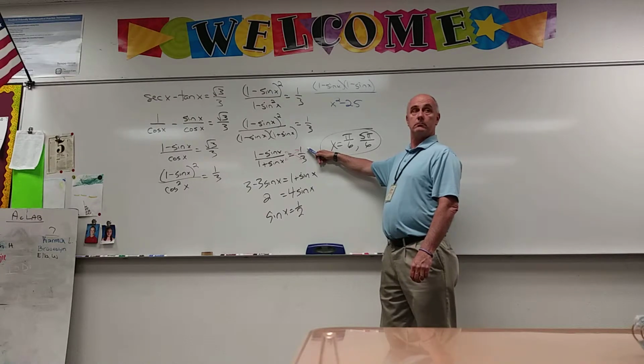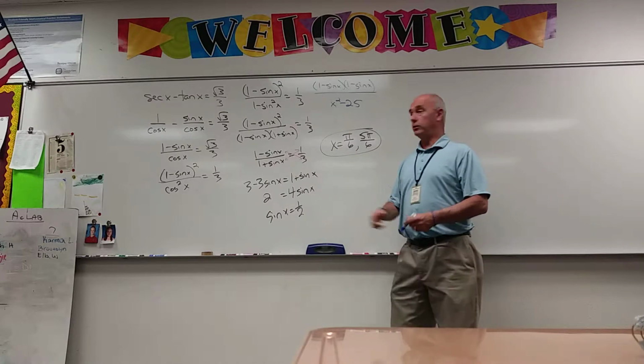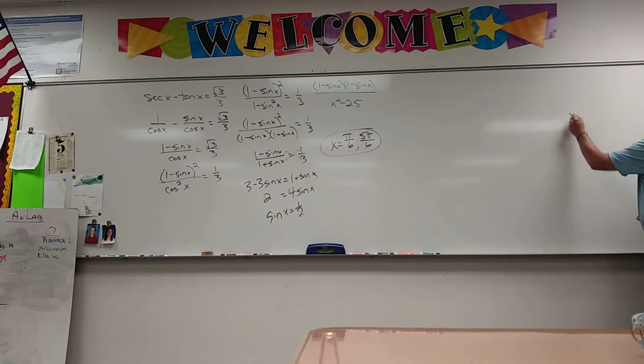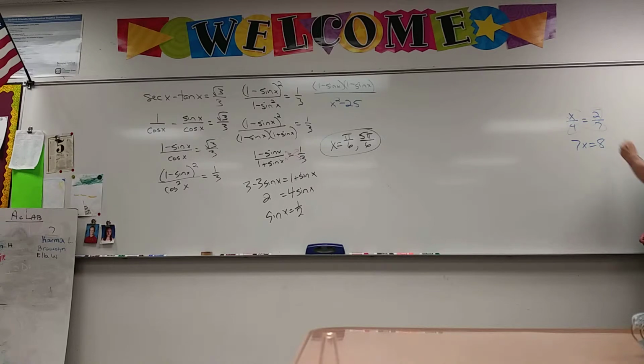Are you just multiplying under a single? No, we're cross multiplying. Remember if we had something like x over 4 equals 2/7, we just do that, and we get 7x equals 8. That's what we did right there.